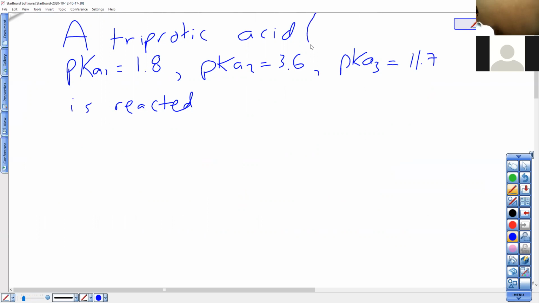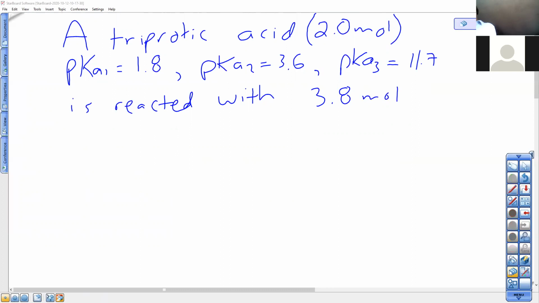Let's see. Yeah, I didn't start off on the right foot, but I can fix it here. We'll say 2.0 moles. I'll pick nice numbers, I promise. Is reacted with, yeah, I'm just thinking of some good numbers here. 3.8.